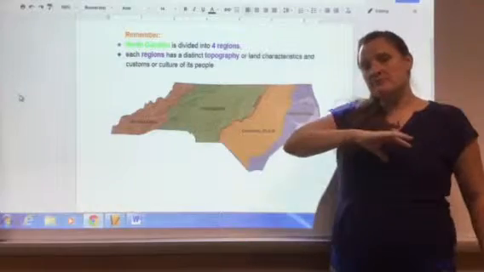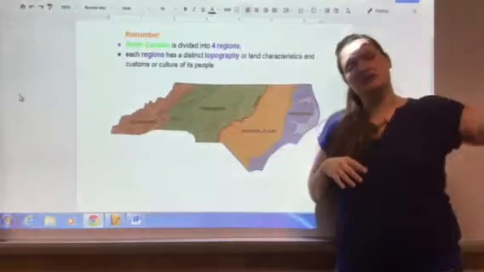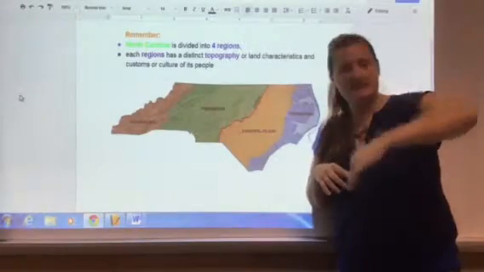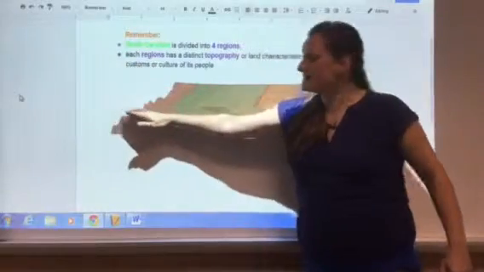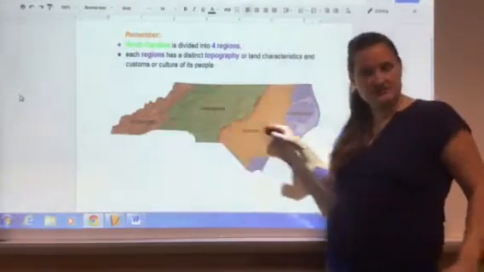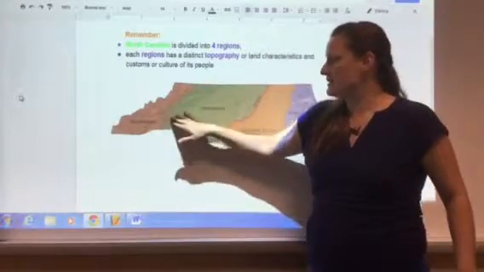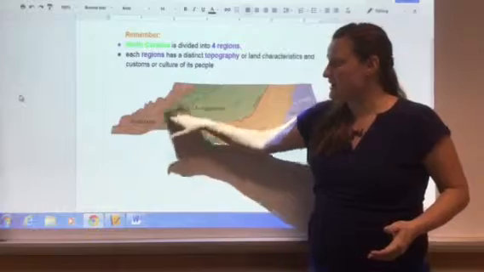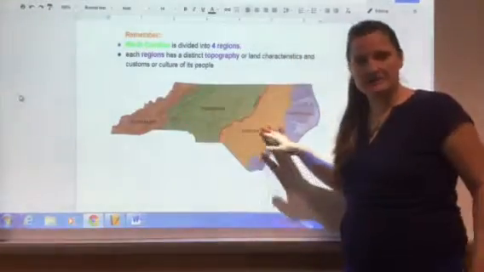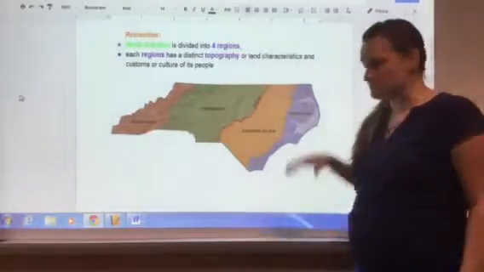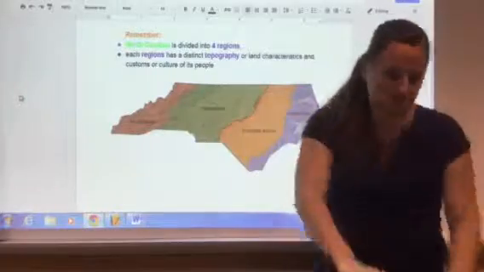Now, remember, in our last episode, we learned that the first migrants, the people coming out of Asia over the Bering Strait and into North and South America, would have come from west to east over the Appalachian Mountains. So their first settlements were over here; the earliest evidence that we have is down in this region, but they would have come over the Appalachians. Now the Europeans, of course, came by boat, so they came from east to west.